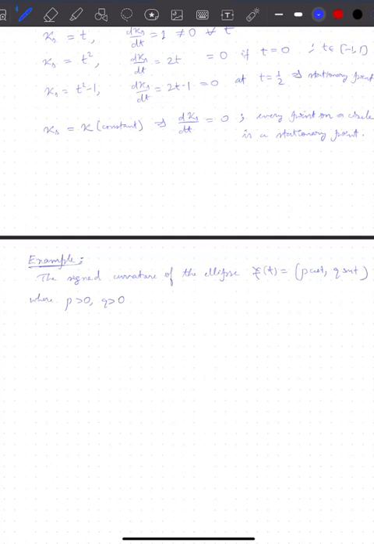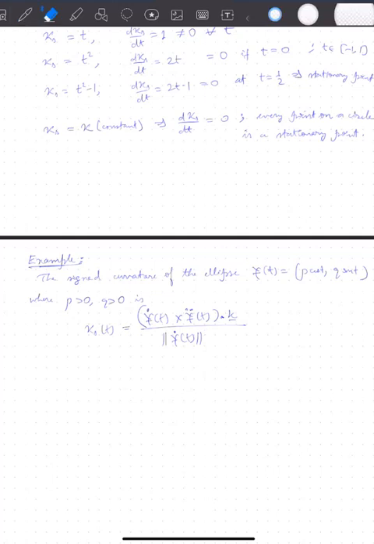The signed curvature can be determined by gamma dot t cross gamma double dot t dot k vector, which is the normal to the plane along the z-axis, divided by the norm of gamma dot t cubed.